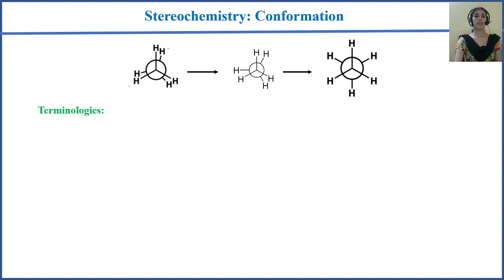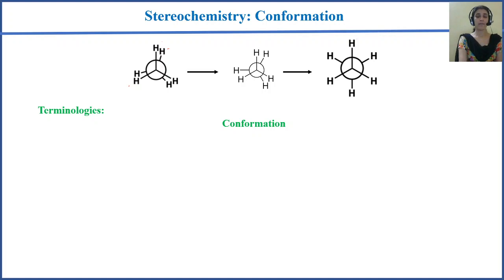In conformation, there are some important terminologies such as conformations, conformational analysis, conformers, etc. We are starting with conformation. Conformation is innumerable arrangements of the atoms in space that result from rotation about single bonds.